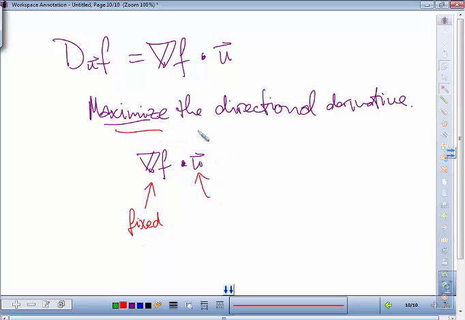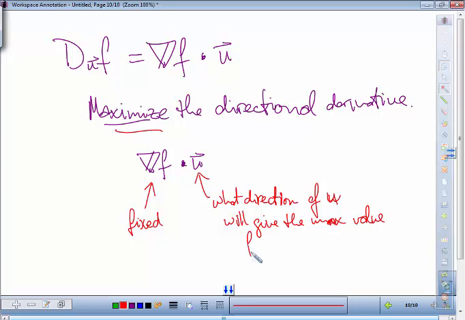So when we're asking to maximize a directional derivative, we're asking what direction of u will give the maximum value. Okay, so let's see if I can do it real quick.